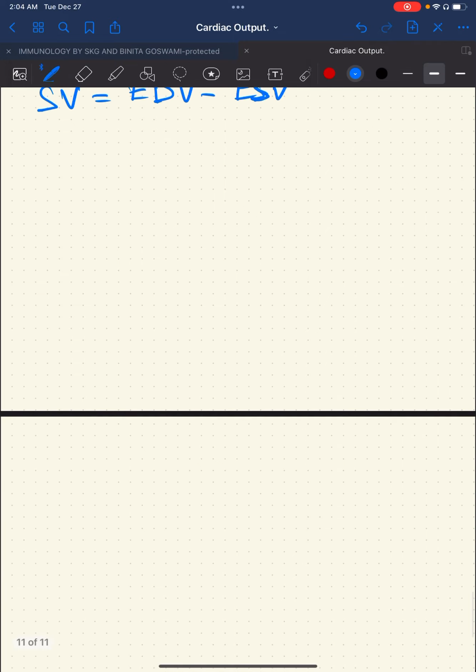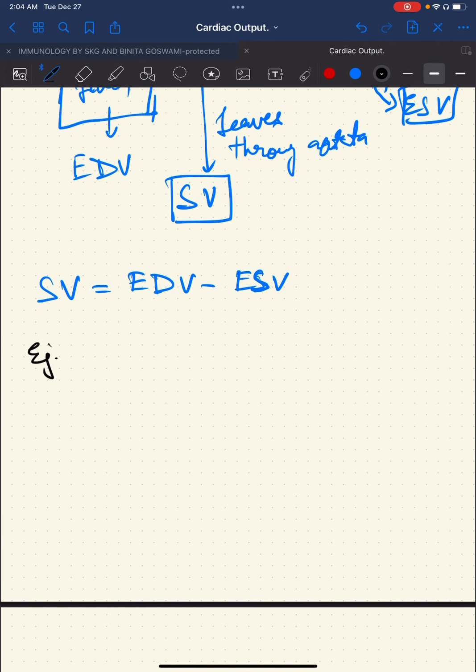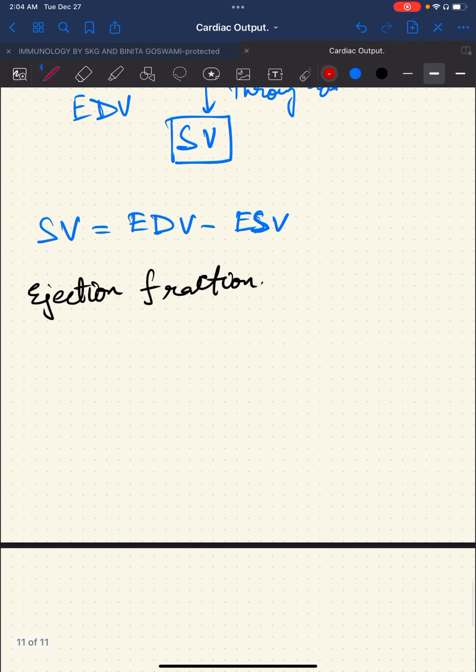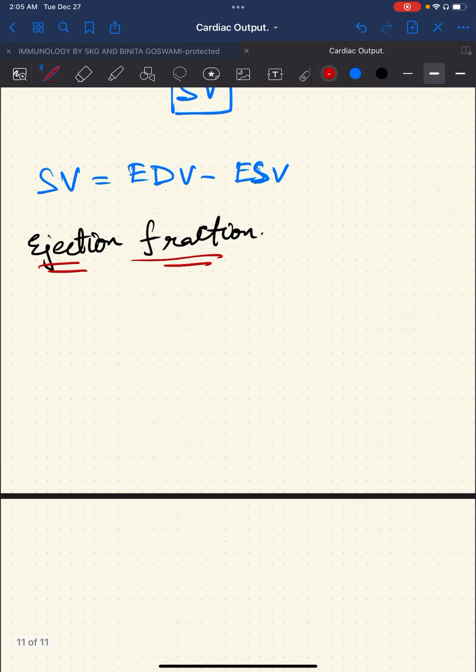Here I must also include one more term, that is ejection fraction. What do you understand by this term? The fraction of blood that is ejected. So its definition is simple. Ejected blood is what? Stroke volume out of total blood, that is EDV.